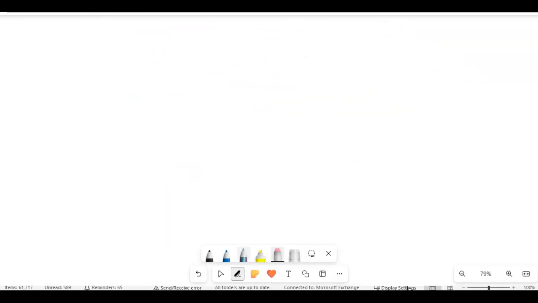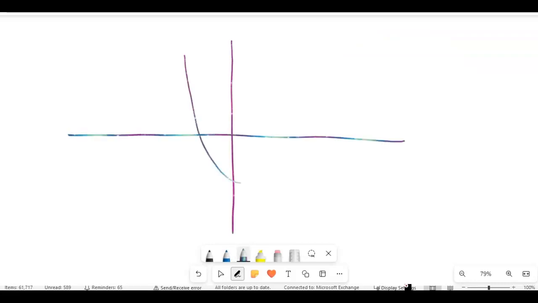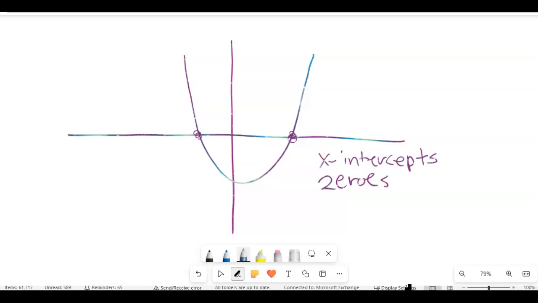All right. The next thing that I want to review is this idea that on the graph we have multiple points. My x-intercepts, or my zeros, are where y equals 0, right? On this point, y equals 0.